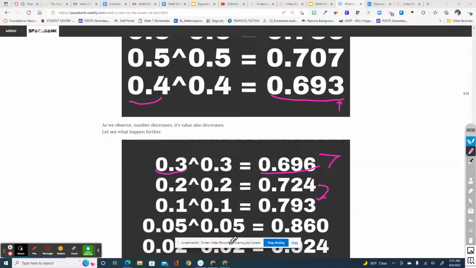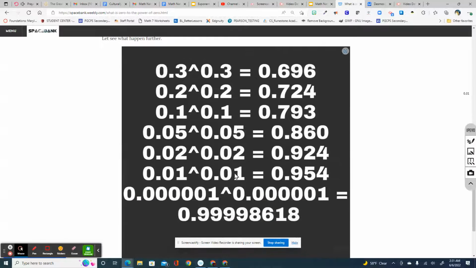As we get really close to 0, at 0.01 to the power of 0.01, we have an answer that is closer and closer to 1.